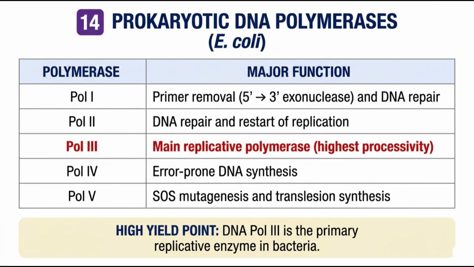DNA polymerase 2 mainly functions in DNA repair. DNA polymerase 3 is the primary replicative enzyme. It possesses high processivity, high speed, and proofreading ability. DNA polymerase 4 and 5 participate in SOS repair and translesion synthesis. These polymerases are more error-prone but help cells survive DNA damage.